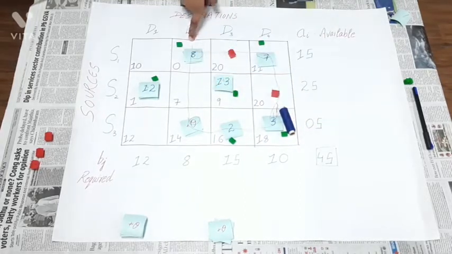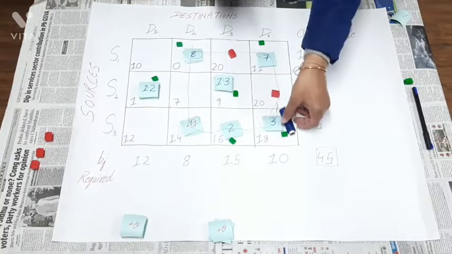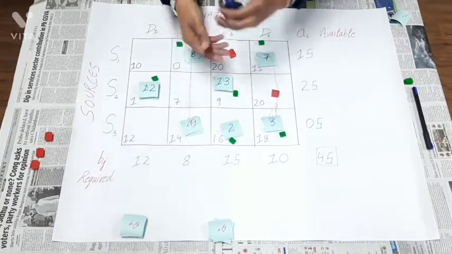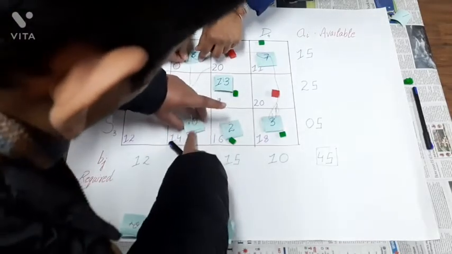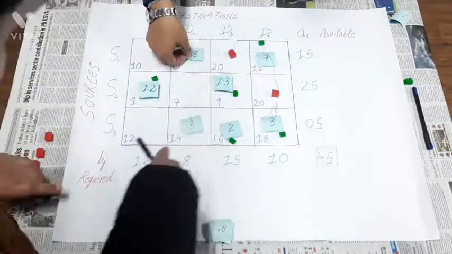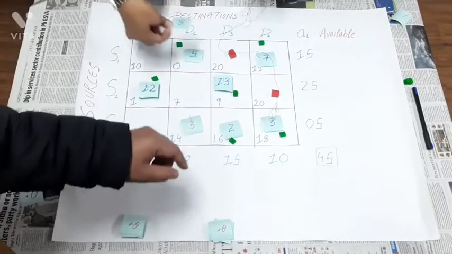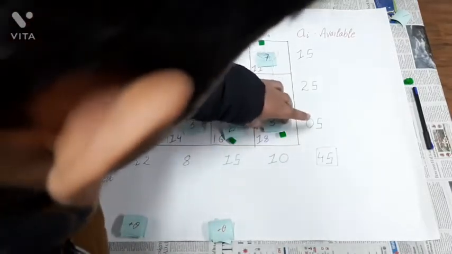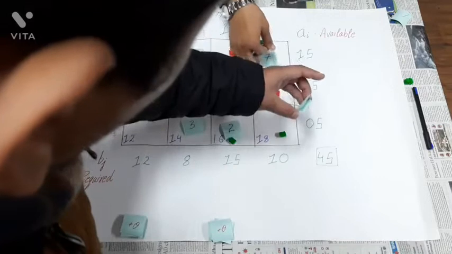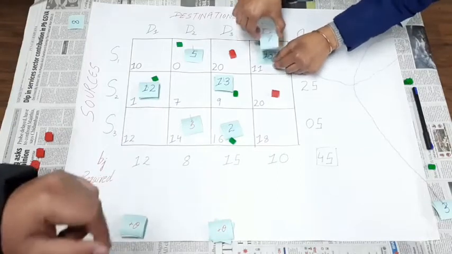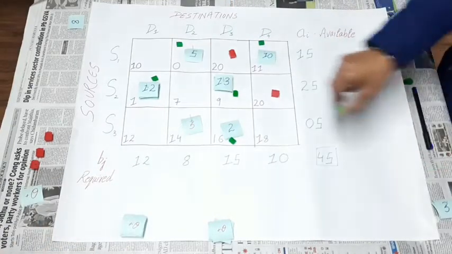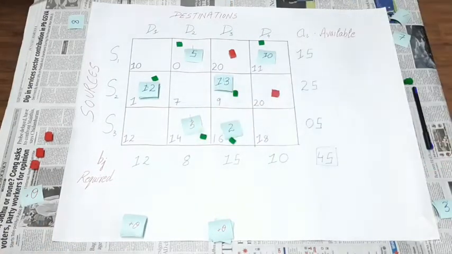So the value of theta will be 3. 3 units are shifted around, so 8 minus 3 is 5. And 3 minus 3 is 0, which is out. And 7 plus 3 is 10. Now this is our second basic feasible plan.